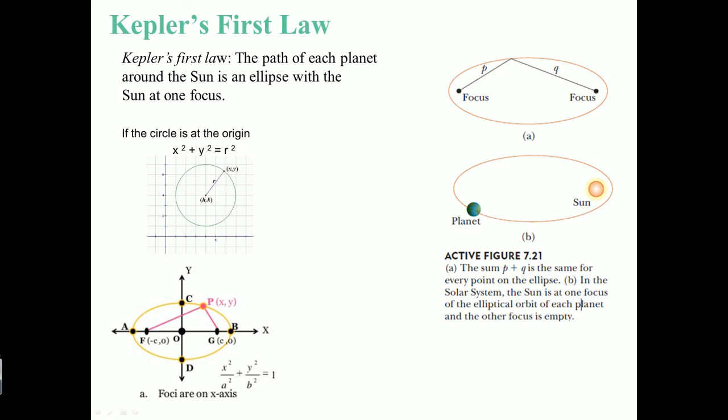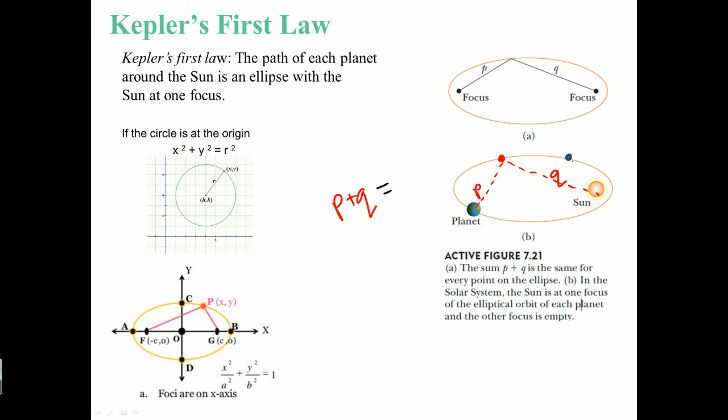Your a is at one point and b is another point. All it's trying to tell you is that at any point here, you have two distances. You have a distance P here and a distance Q. Okay, so P plus Q is going to be equal to something, and let's say the planet now moves to a different spot, like here.